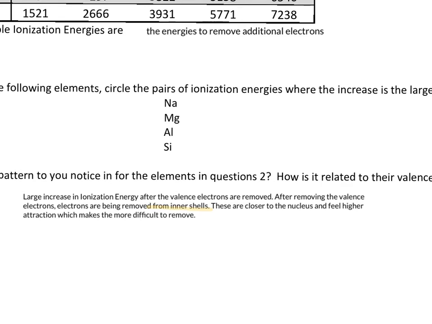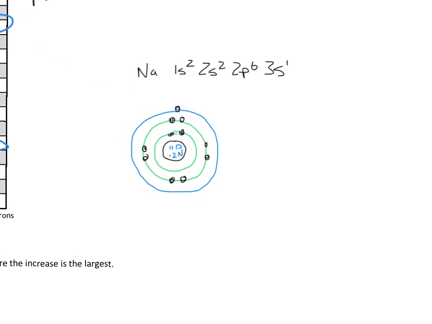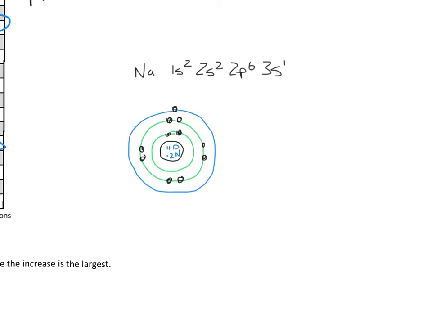Okay, so I've drawn out an example here to try and illustrate that. I've drawn sodium. So if we remove sodium's first electron, this electron right here, it sees an attraction from 11 protons, and it feels repulsion from 10 inner electrons. And so it's going to be removed based on this effective nuclear charge. And once we remove this guy, we're going to be removing one of these next inner electrons.